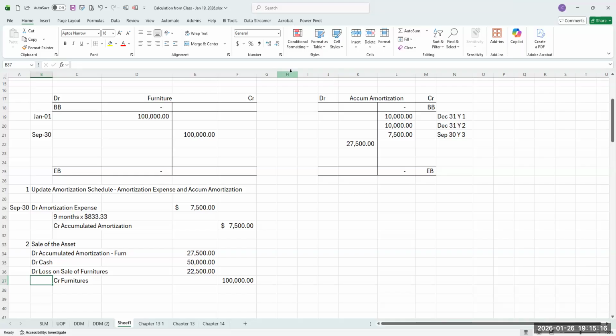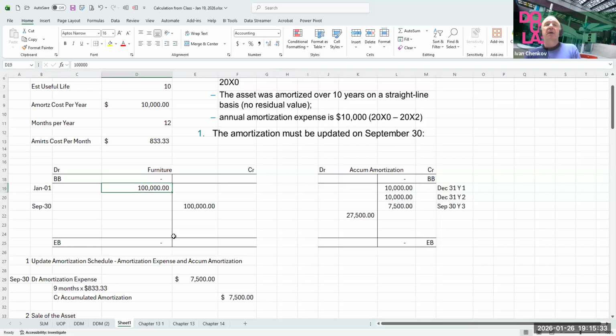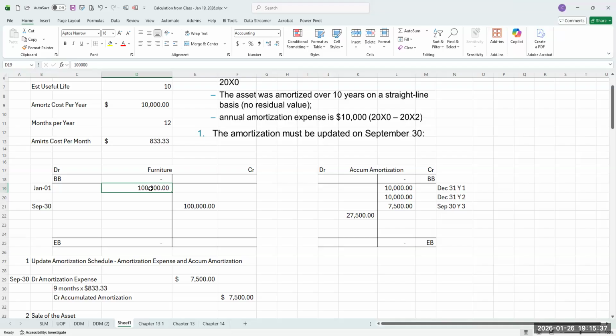Sorry, could you clarify why exactly you're debiting the amortization and crediting the furniture in that case? Okay. Once I buy furniture, what do we have to do? Debit furniture, correct? Yes, that's right.